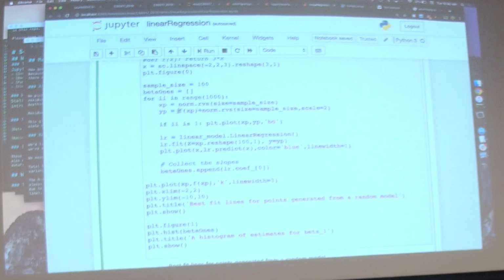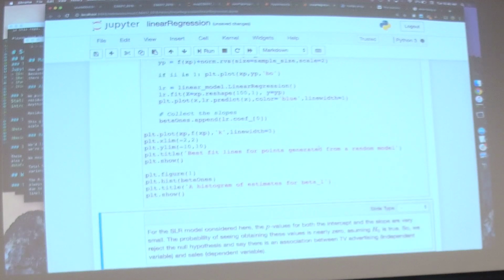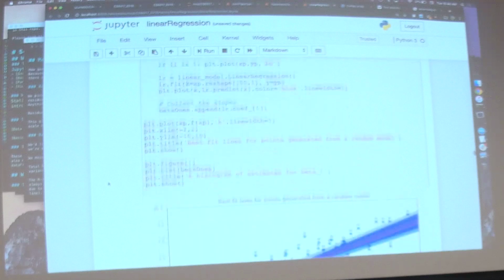The true value is the y. We're going to take 3 times x, and then we're just going to add some noise. So if we plot this, it takes a little while because we're doing a whole bunch of trials, a whole bunch of sampling.